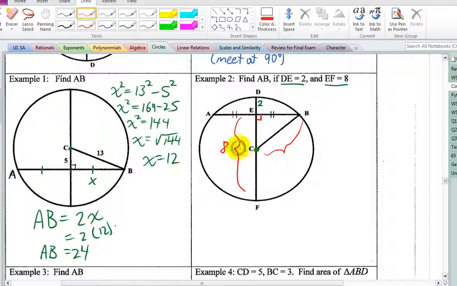You can't use the 8, but the whole thing, FD equals 10, so then CB must equal 5. So if CB equals 5, what does CE equal? 3. Okay. So this 3 is from 8 minus 5.